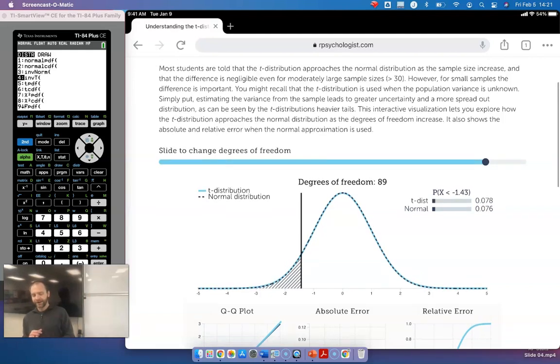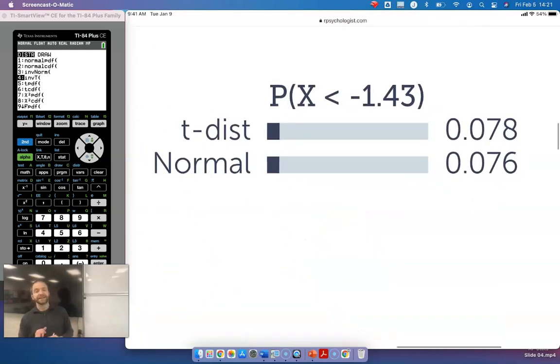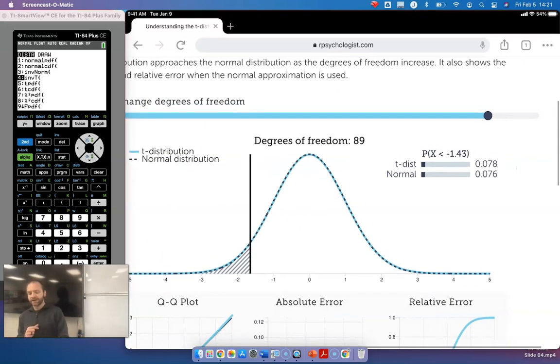And look at that area in the tails. Yes, there is more area in the tail for that t distribution, 0.078, but notice how it's pretty close to the normal distribution, 0.076. So as I increase my degrees of freedom, I'm approaching a normal distribution. I'm not equaling a normal distribution. I'm approaching a normal distribution.